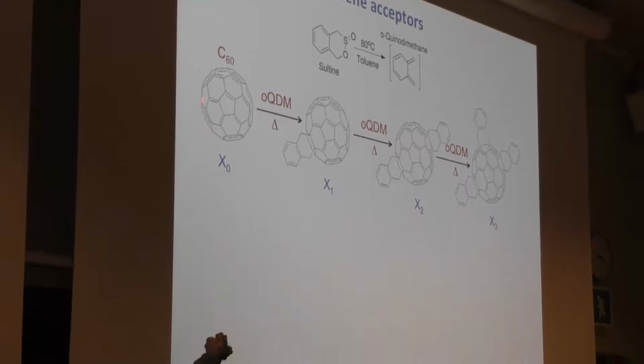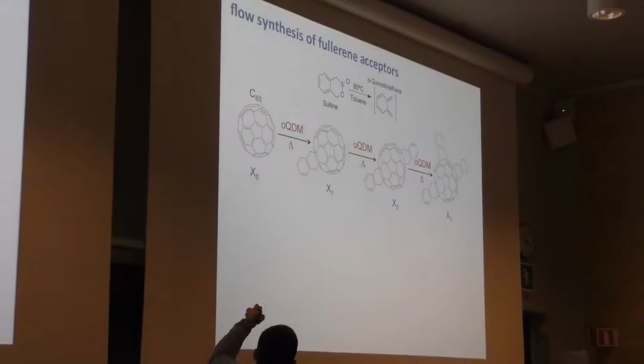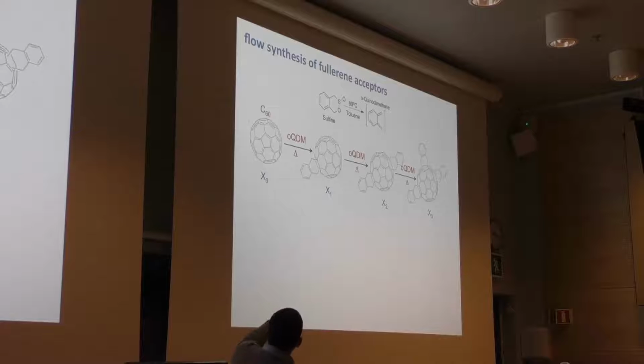What we're trying to do is functionalize C60 with xylenyl adducts. Depending on how far we allow our reaction to progress, we either form a singly functionalized C60, a doubly functionalized C60, or a triply functionalized C60. I would call this a cascade reaction.